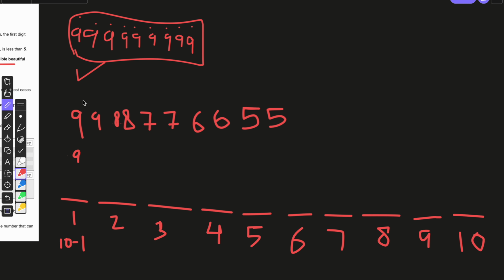The smallest possible number that can fill this position is 9, and 9 is present, so we fill it with 9.